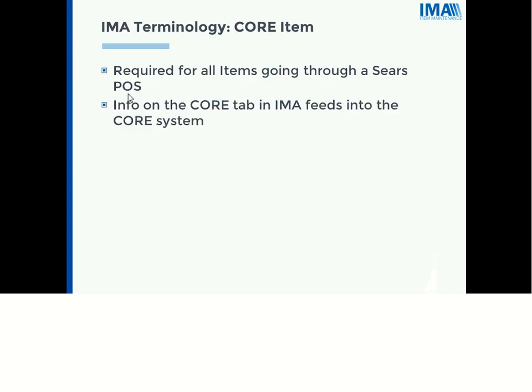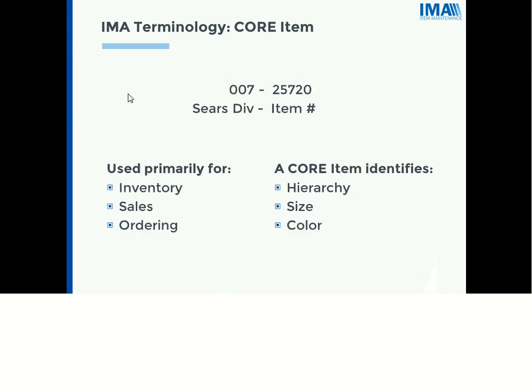And there is a core item tab within IMA specifically for Sears items. So whenever the item is going operational, before it becomes operational, all of the information from that core tab gets pushed out to the core legacy system. So information on the core tab feeds into the core system. The core item number consists of the Sears division and the 4 or 5 digit item number.